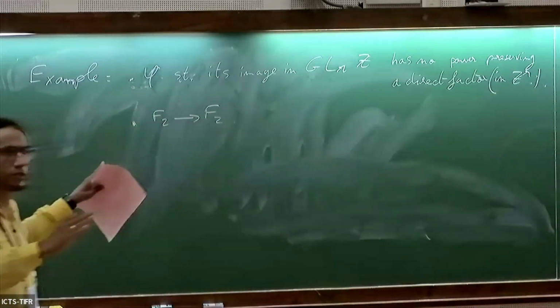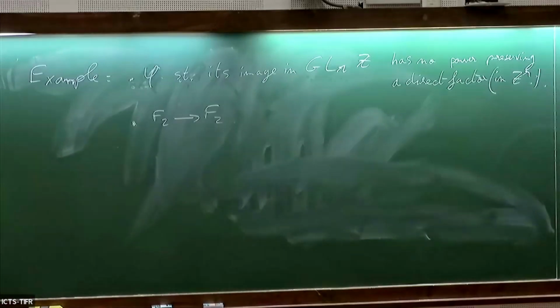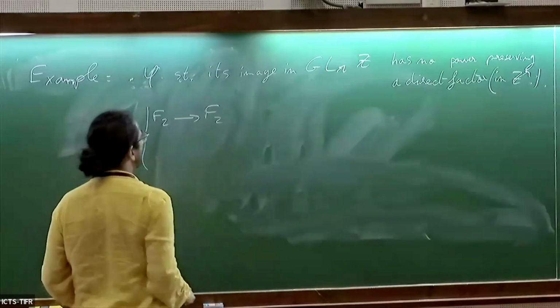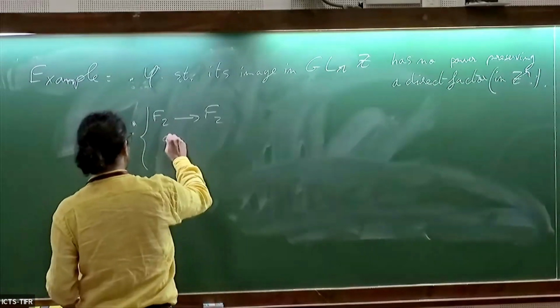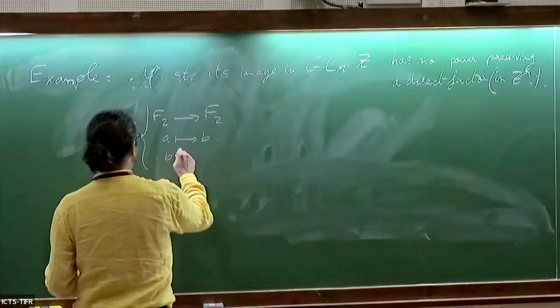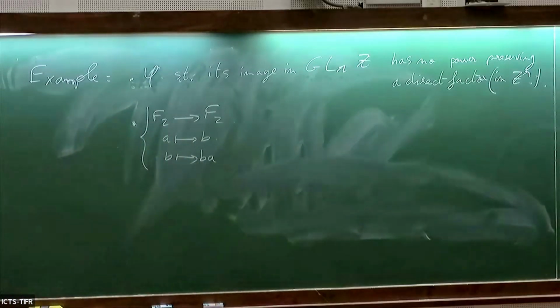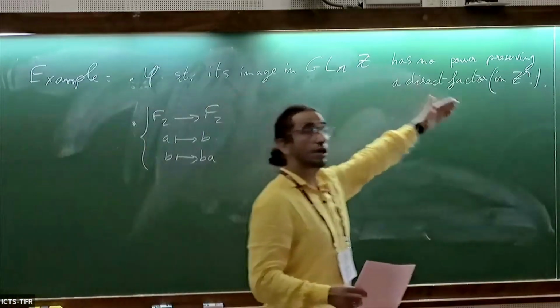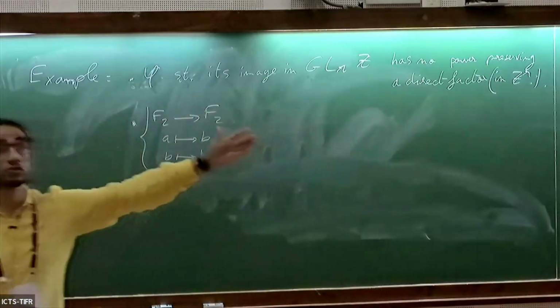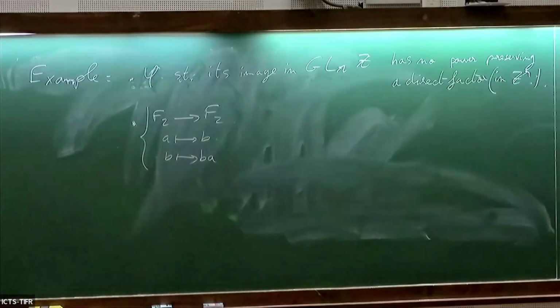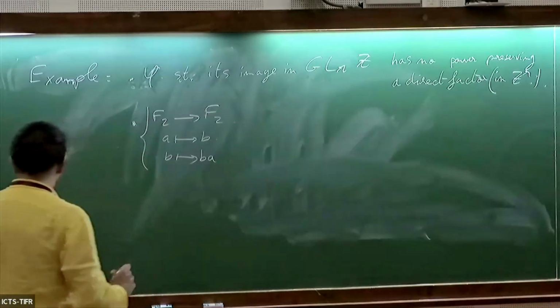So for instance, in F2 generated by a and b, classically, a goes to b, b goes to ba. The matrix obtained has no invariant line in Z squared. So this makes fully irreducible easily achieved somehow.